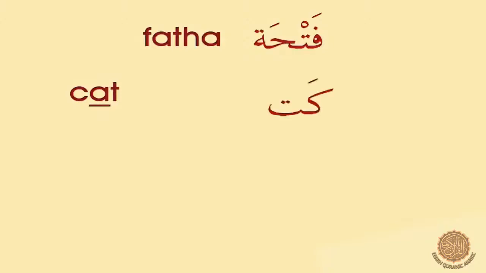Here, I've transliterated cat into Arabic. So we have the kaf here, so it makes the same sound, the k sound. And then we have the ta, which is equivalent to the t in English. So this says cat. Notice the vowel is on top, not after it, as in cat.